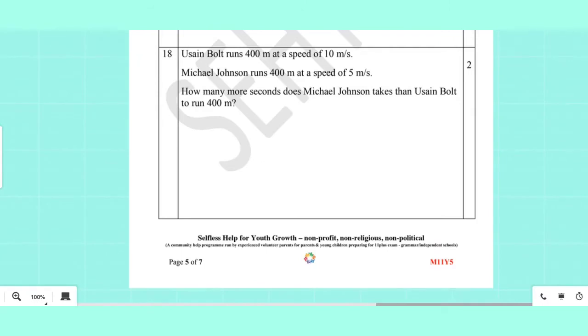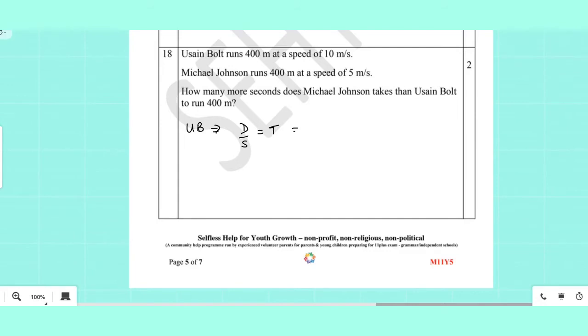Question number 18. Usain Bolt runs 400 meters at a speed of 10 meters per second. Michael Johnson runs 400 meters at a speed of 5 meters per second. How many more seconds does Michael Johnson take than Usain Bolt to run 400 meters? So, here we will first find the time taken by Usain Bolt.